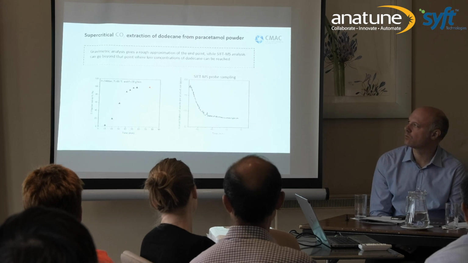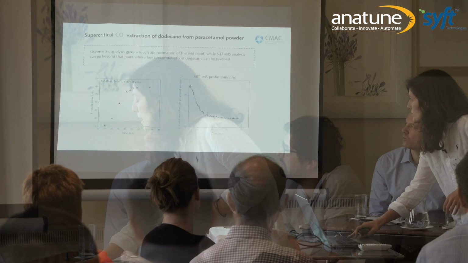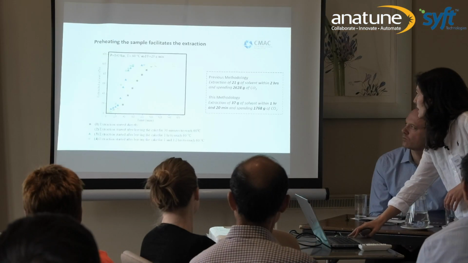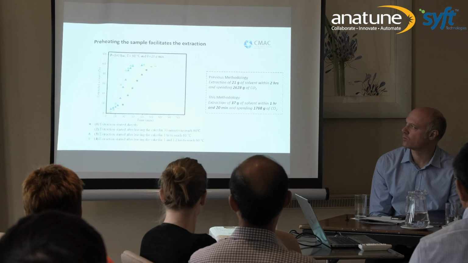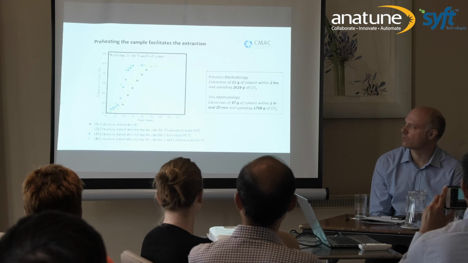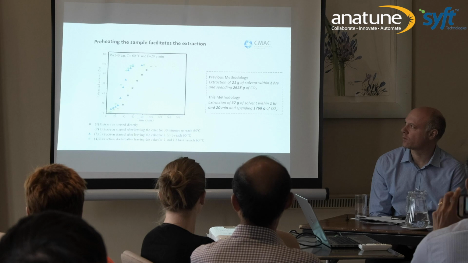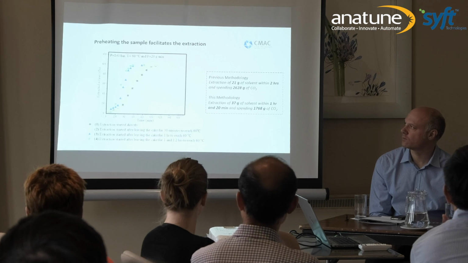Also, obtaining more data points, we observed that at the beginning of the extraction, the process was quite slow. So we made some assumptions. Basically, we thought that the system didn't reach the temperature quite fast, and that's why the extraction process was quite slow at the beginning.